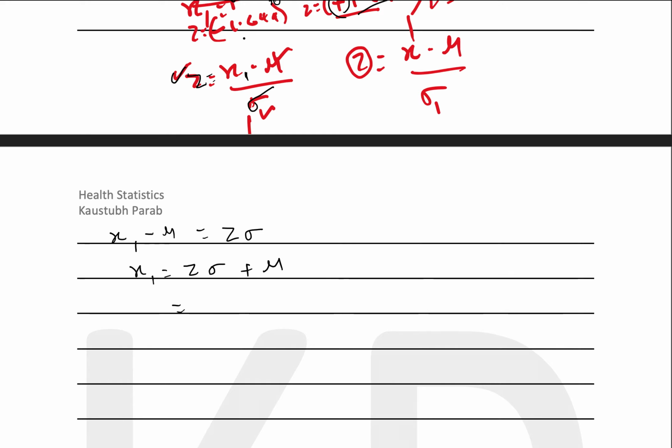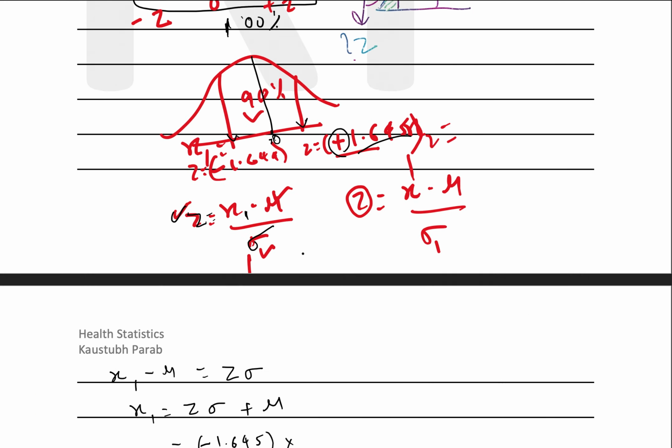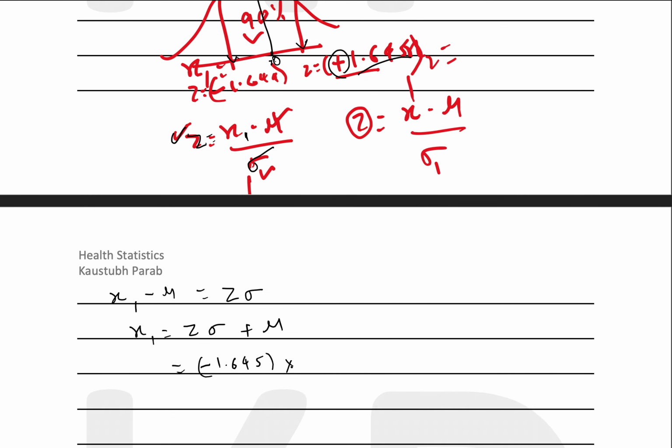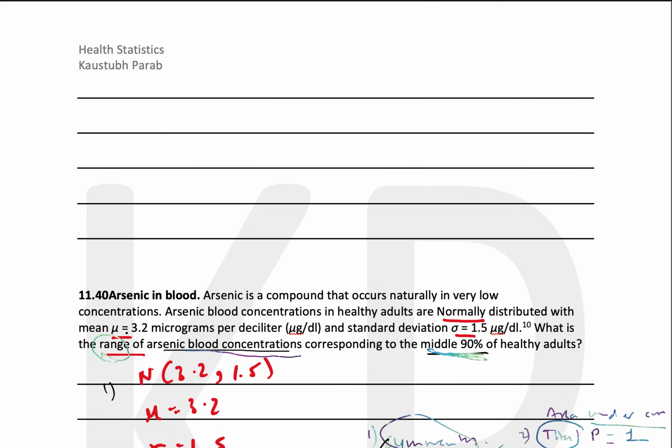You know z is negative 1.645 times sigma is 1.5, and then you're just going to add mu in this case as 3.2.